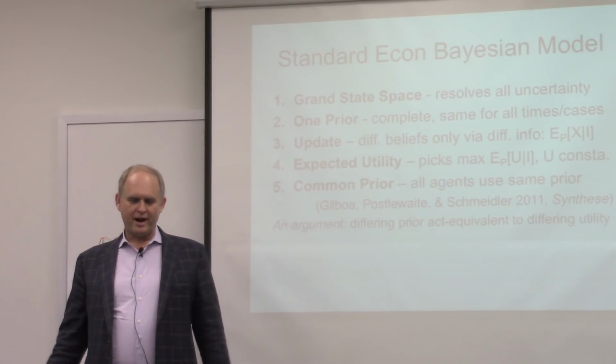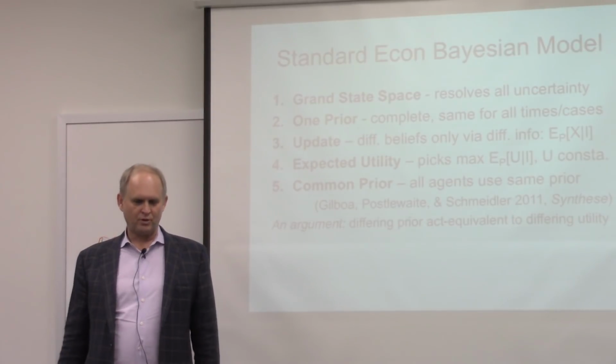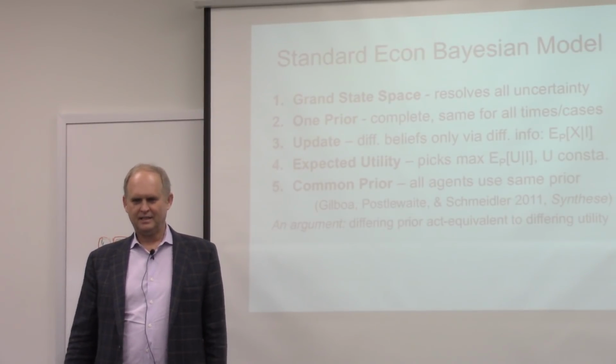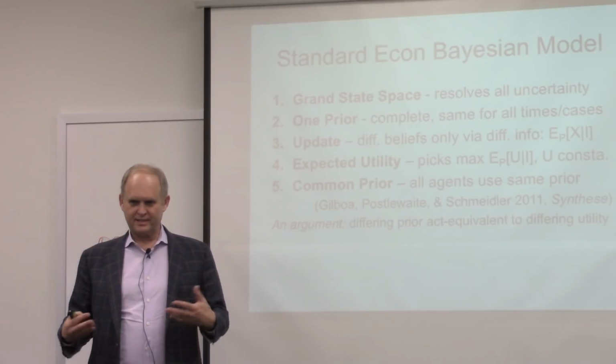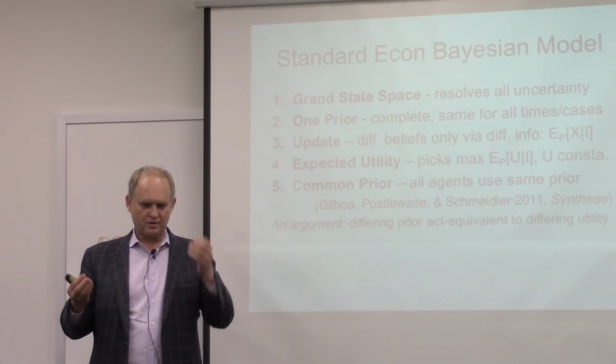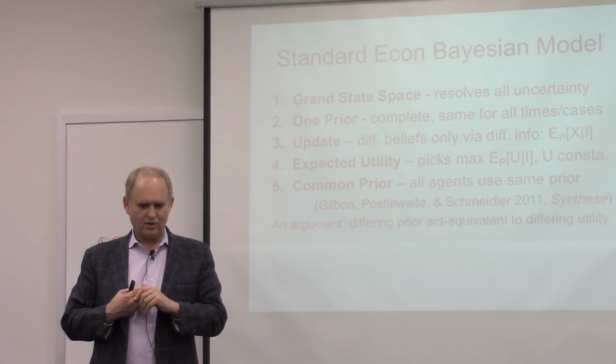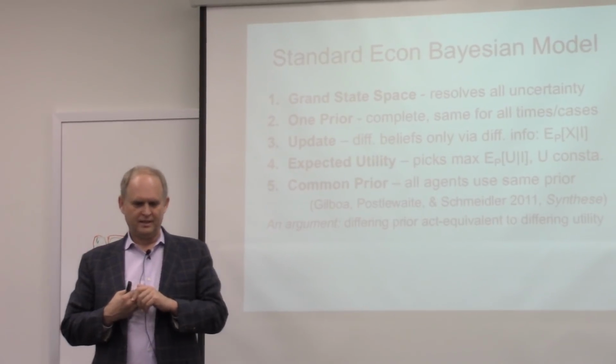Every agent has a prior, which is a probability distribution over this largest possible state. And in particular, it's the one thing this agent uses to produce all their beliefs at all times and in all situations.